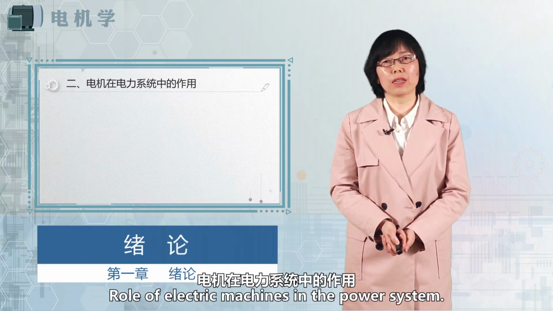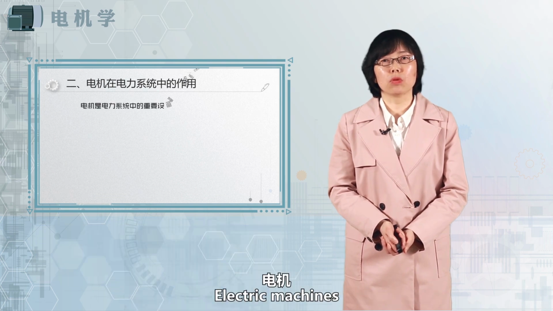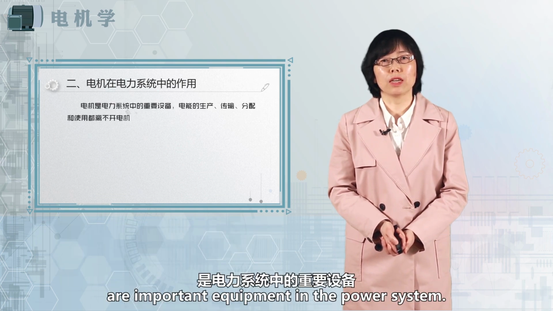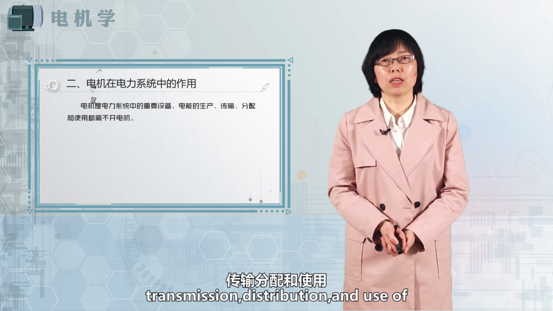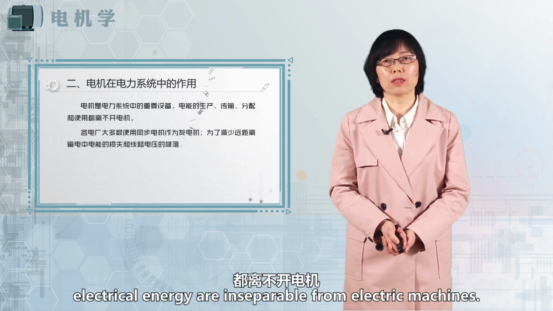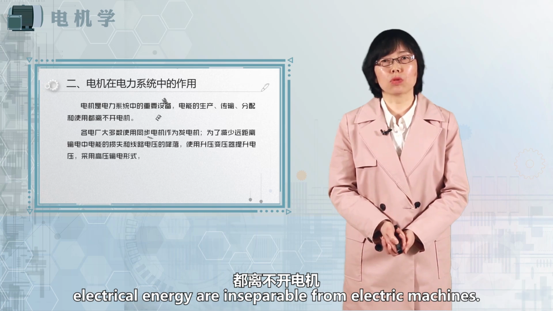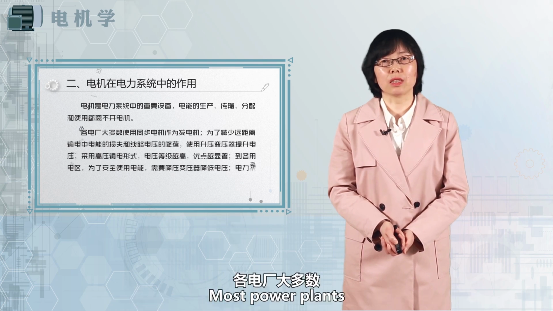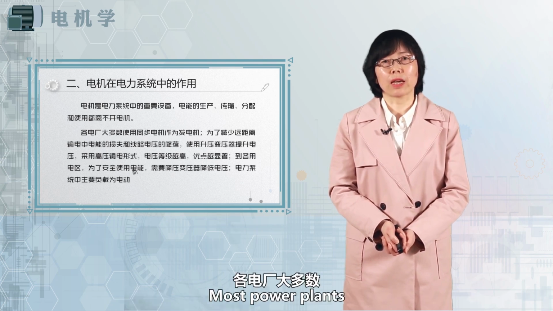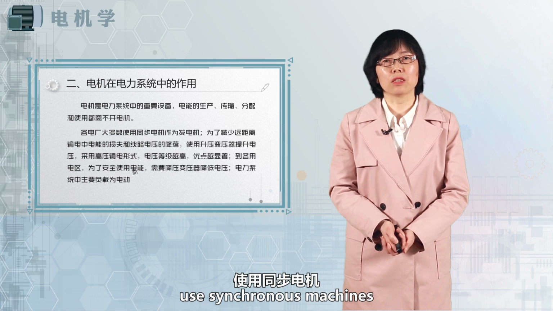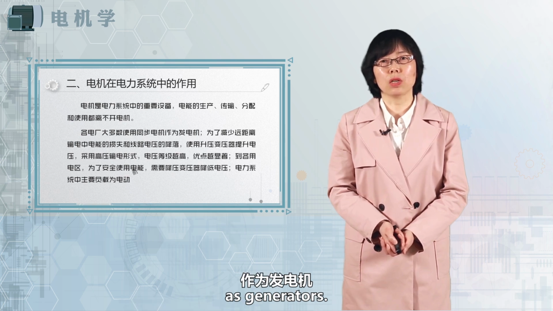2. Role of electric machines in the power system. Electric machines are important equipment in the power system. The production, transmission, distribution, and use of electrical energy are inseparable from electric machines. Most power plants use synchronous machines as generators.